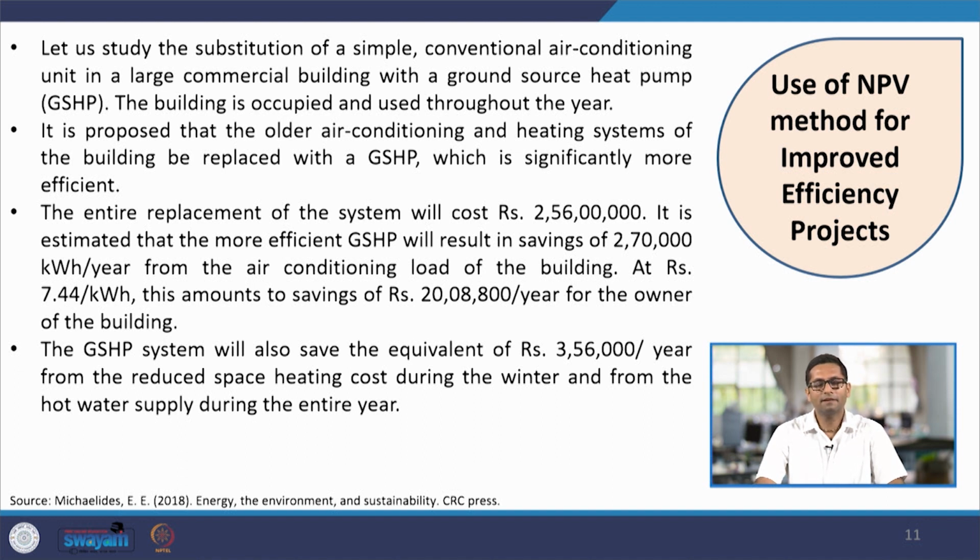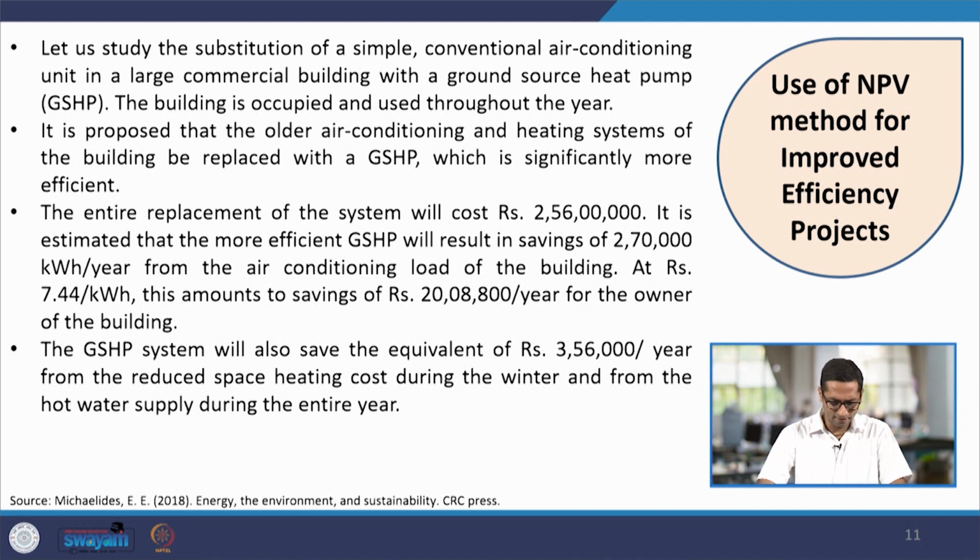Now, these kinds of countries normally have good air conditioning as well as heating requirements during the summer and the winter seasons, for which they would have specific air conditioners and heaters or centralized heating installed. What if we were to replace that with a ground source heat pump?